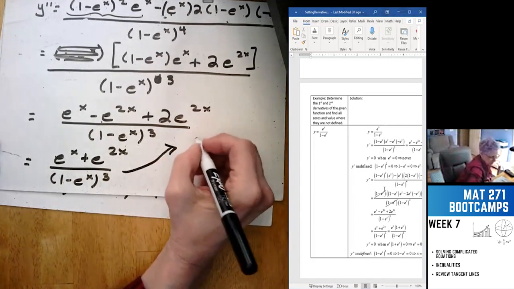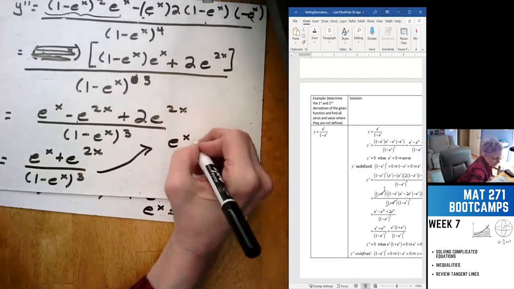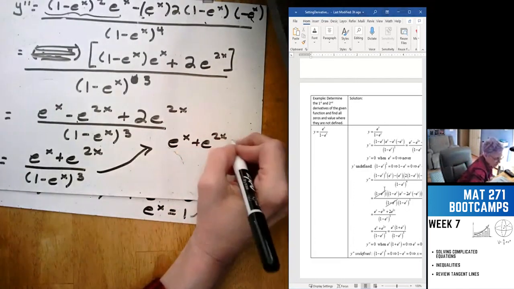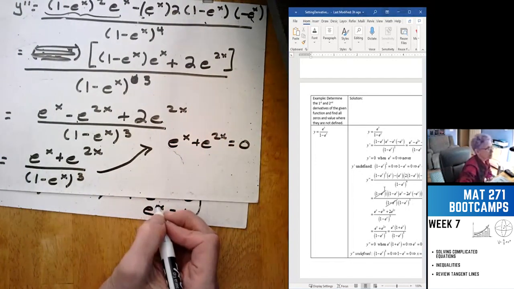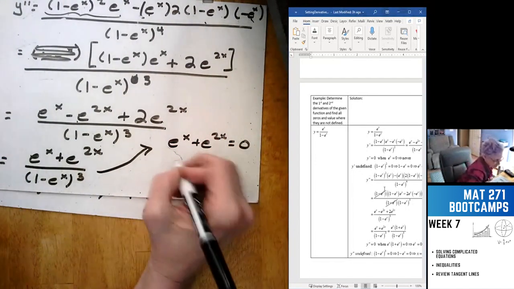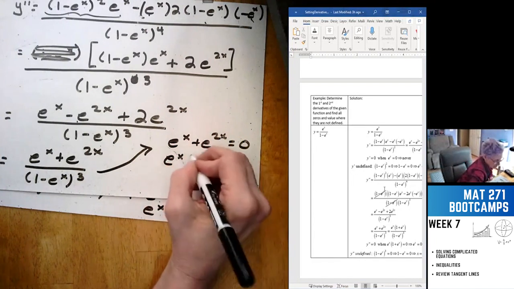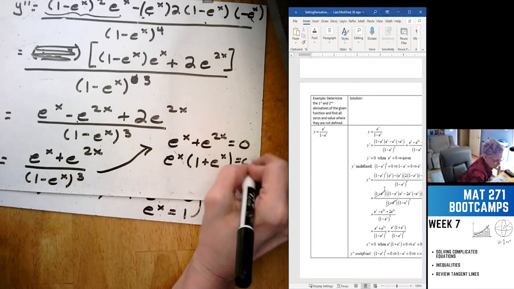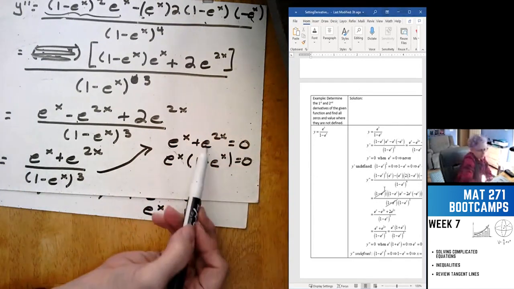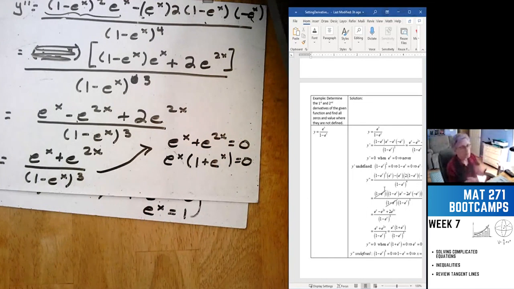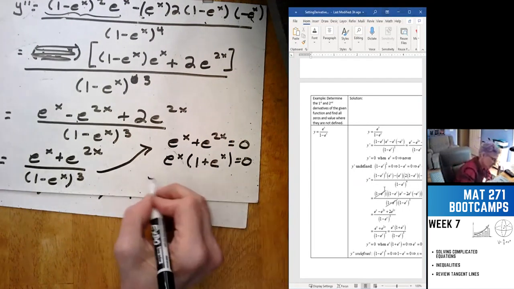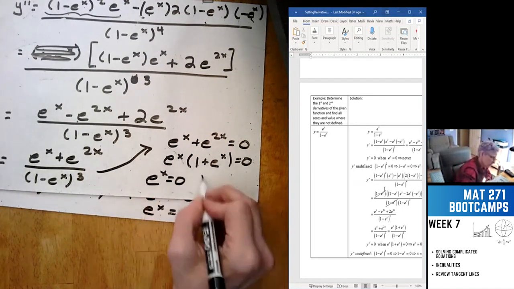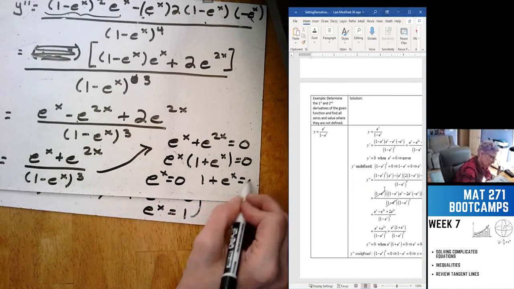So this is equal to 0 if e to the x plus e to the 2x is equal to 0, which is equal to 0 if e to the x times 1 plus e to the x is equal to 0. I just factored an e to the x out, so I could use the 0 factor property. If this times that is equal to 0, then either this has to be 0 or that has to be 0.